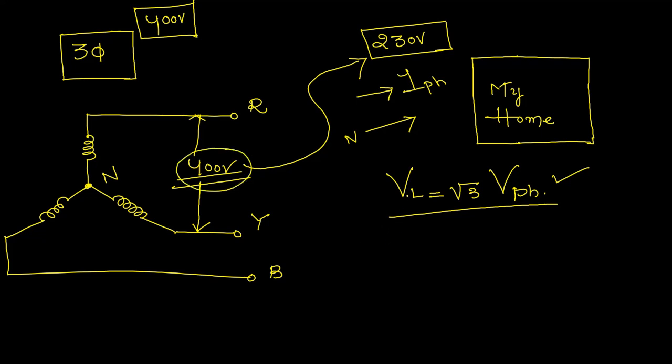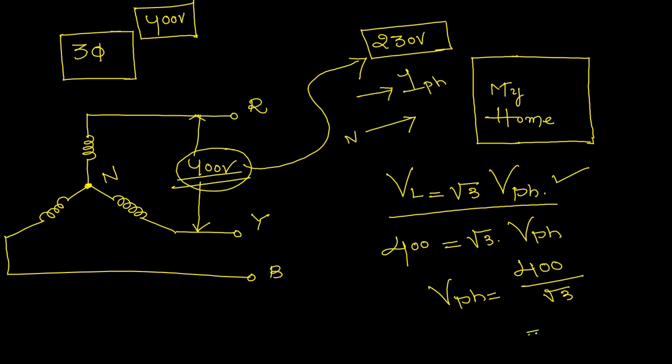So if I substitute 400 for the line voltage, the phase voltage is equal to 400 divided by root 3. If I solve this, you will get 230.96, approximately 231 volts, or we can also consider 230 volts.